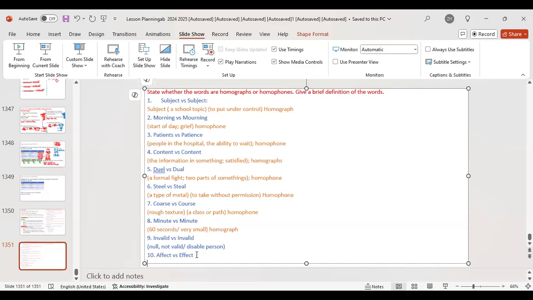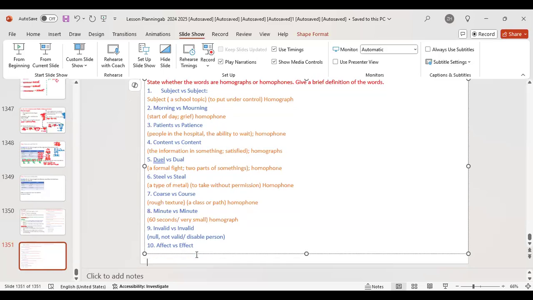Affect versus effect. What do you have for that one? Affect is the cause, and effect is the aftermath, what happened. All right.